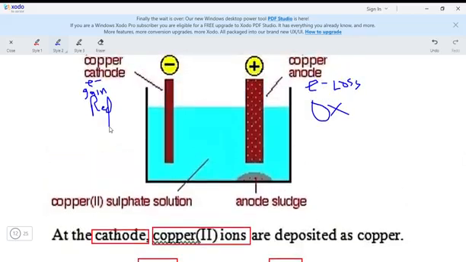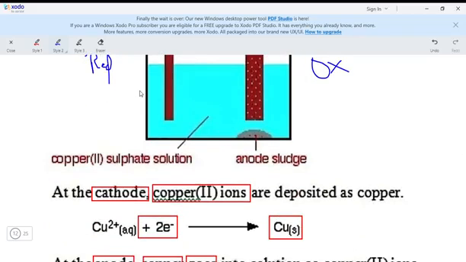Let's look at the cathode, the place where electrons are always being gained. They said copper(II) ions are deposited there. That means gaining, deposited, gaining, deposited, meaning that copper will be coming there.